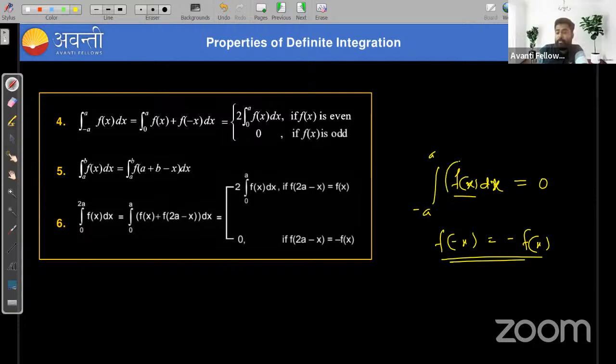If it is odd and the limits are minus a to a, then the value of the integral is 0.